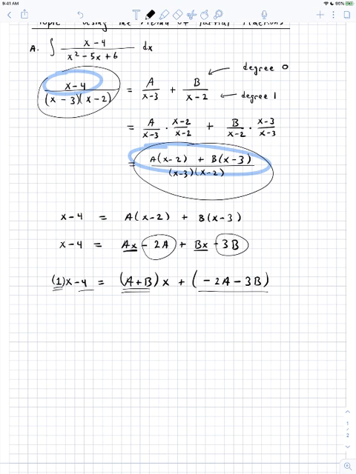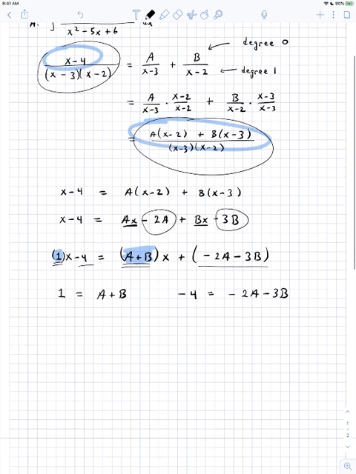So what you have is that the linear term, which is 1, has to be equal to A plus B. So the linear term on the left is 1 and the linear term on the right is A plus B. Similarly, the constants have to both be equal. So the constant on the left is negative 4, and the constant on the right is minus 2A minus 3B. It's the thing in the parentheses there. Those are the constants.